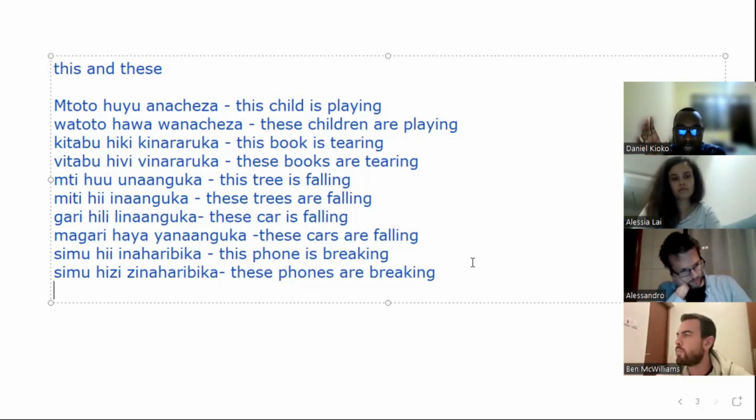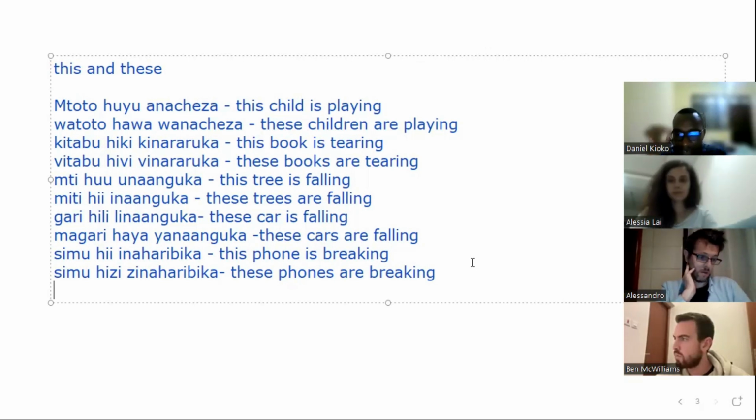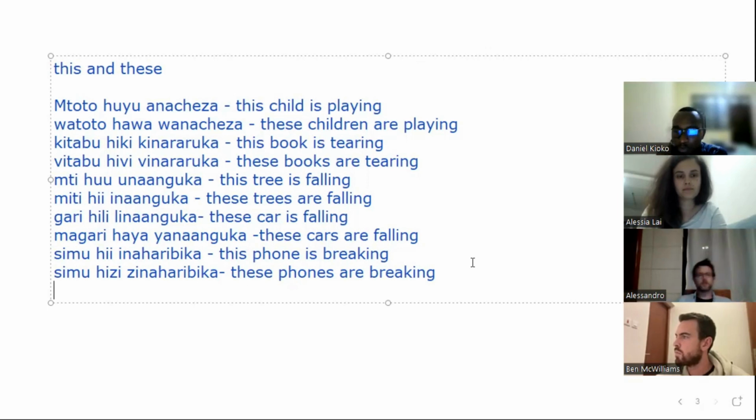But when we draw a chart of it, you will see there is a certain pattern, which is not really a rule, but it will give you an idea by understanding the noun classes. Don't worry about the this and these right now. I was just giving you an idea of how the noun classes will be applied. I think this is what we'll do in the next class.